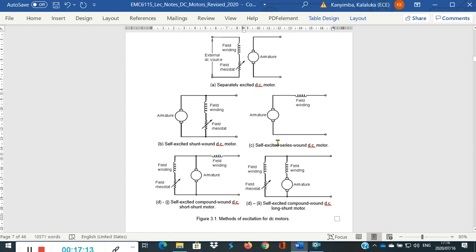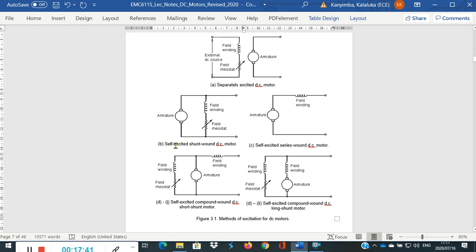The second category is that of a self-excited DC motor. This is what we can see in figures 3.1b, c, d1, and d2. In figure 3.1b, we have the self-excited motor, meaning that the excitation or the field current is coming from the same source to which the armature is connected.